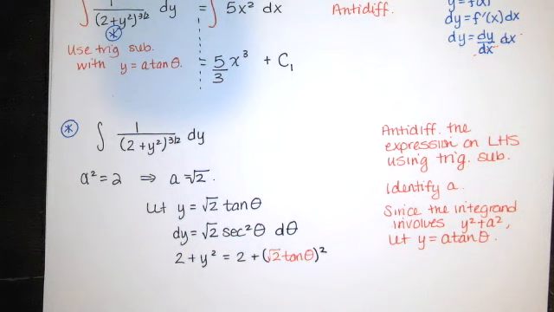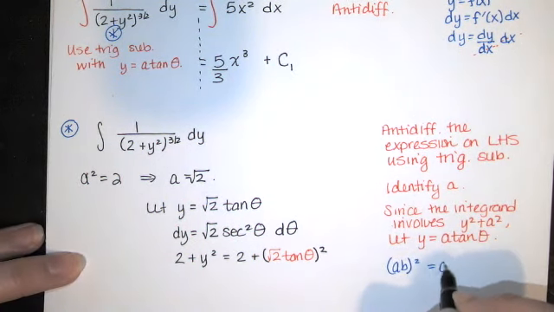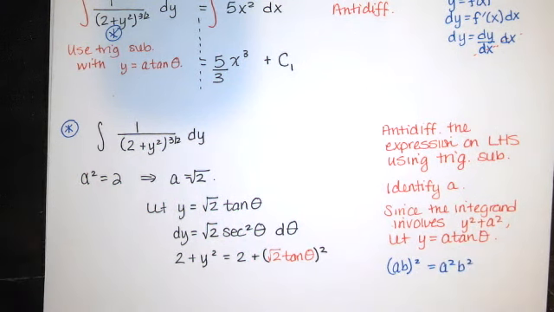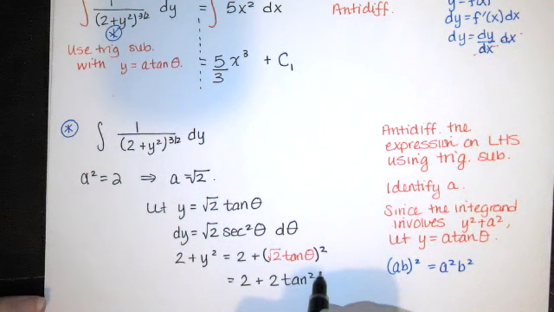So you've got a product here. If you're squaring a product, just square each term separately. This is going to give us 2 plus the square root of 2 squared, which is 2, and then we've got a tangent squared right there. And then if we factor out a 2, we've got 1 plus tangent squared times 2.